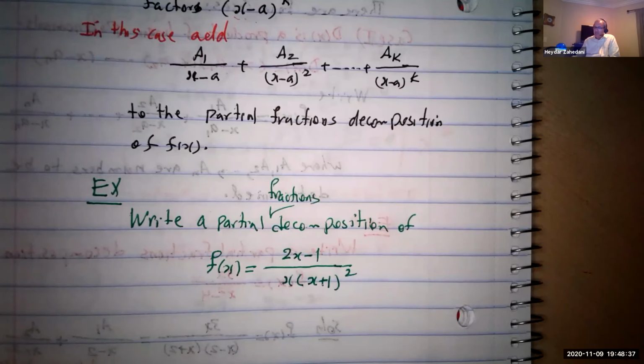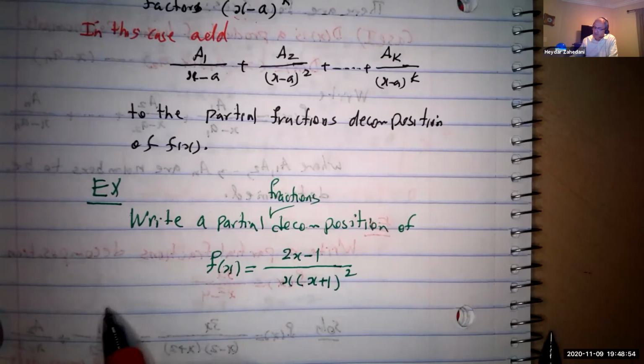So we have one factor x, and the other factor is x plus 1 squared, which is a repeated factor that we have to take care of. Are you ready? Solution.